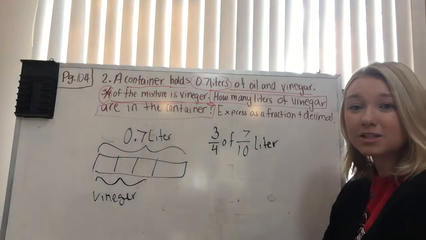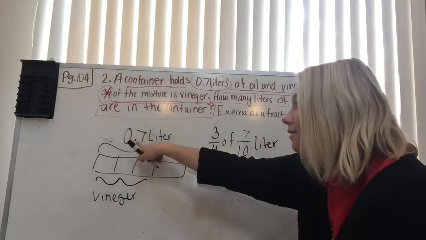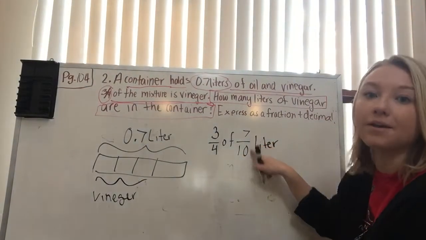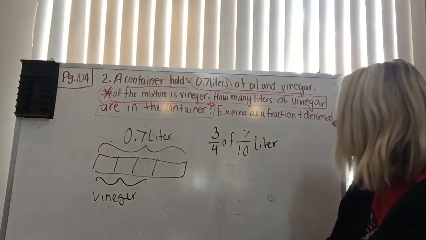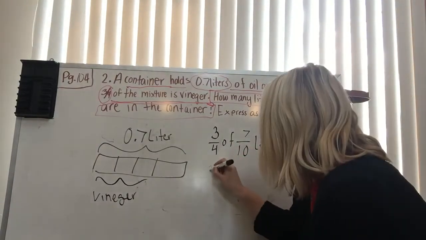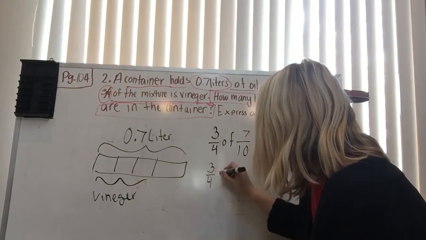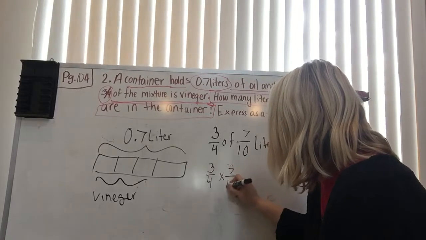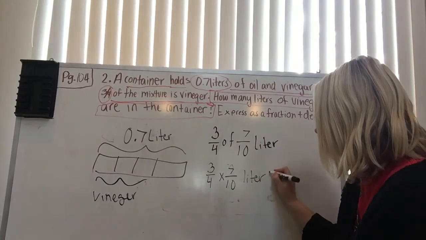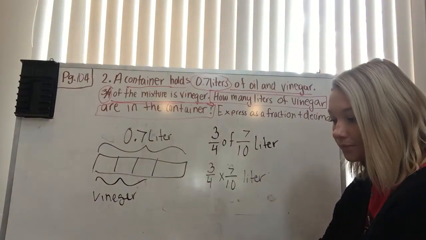And that makes it so much easier for me. I just took this decimal, and I know it's 7/10, so I made it look like 7/10. And now I know that this "of" means to take 3/4 and multiply it by 7/10 of a liter.